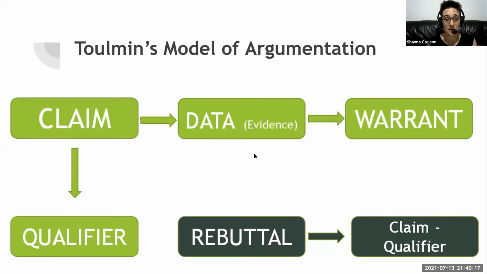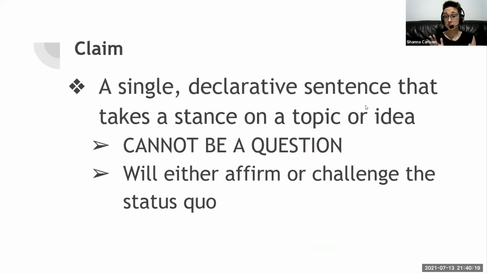All right. So a claim. A claim is one sentence long. That's it. Okay. One sentence long. And it takes a stance on a topic or an idea. A claim can be super big or it can be very narrow. It depends on what you're talking about at the time.